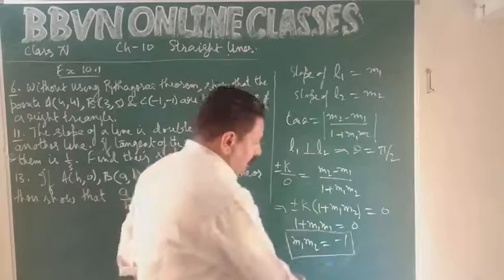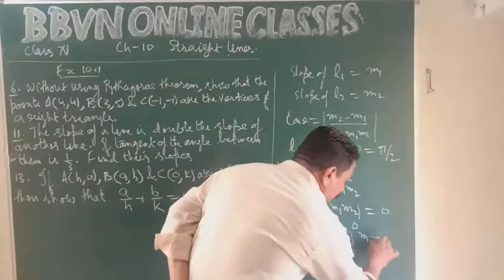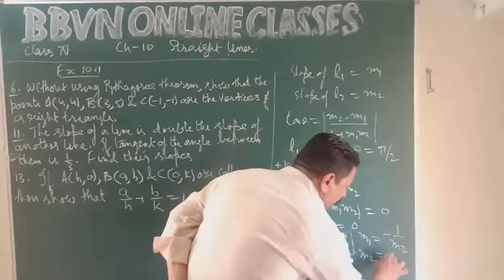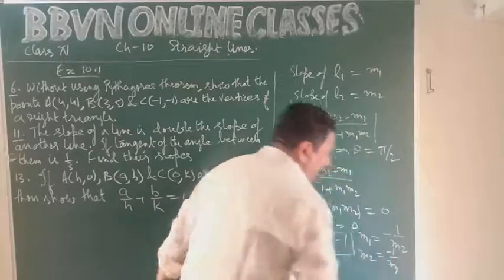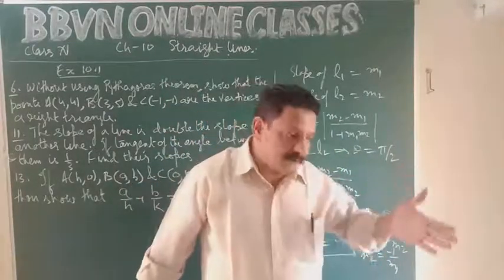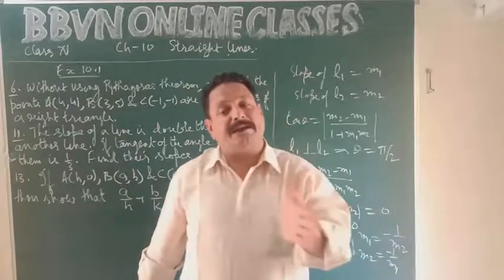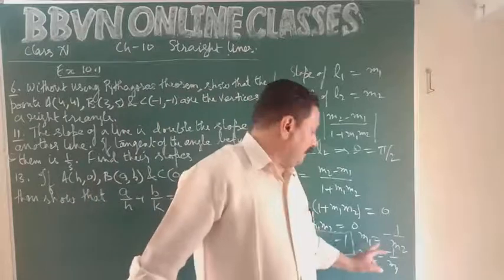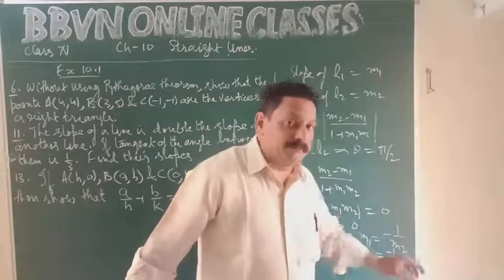In other words, you can say M1 equal to minus 1 upon M2 or M2 equal to minus 1 upon M1. So if any two lines are perpendicular, the slope of one of the lines will be the negative reciprocal of the slope of another line. M1 equal to 1 upon M2 means reciprocal.